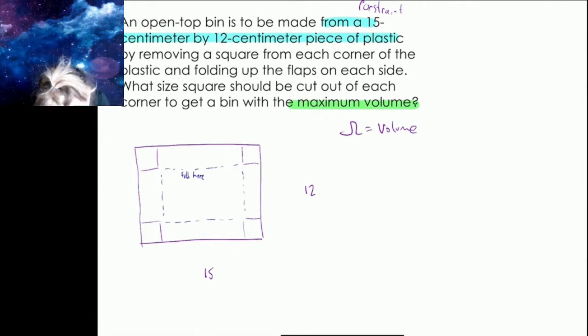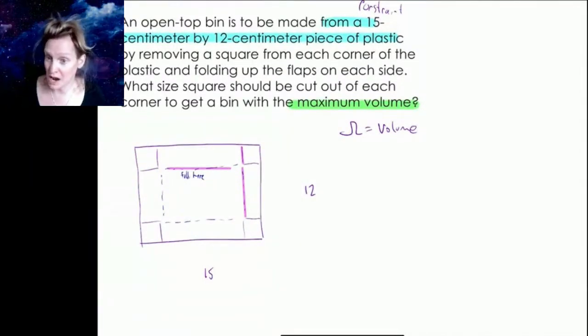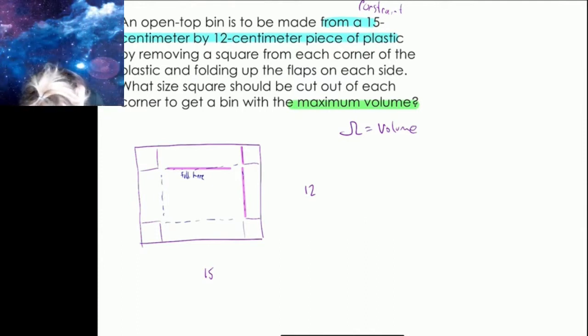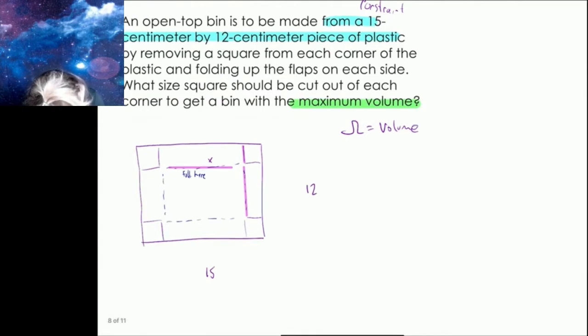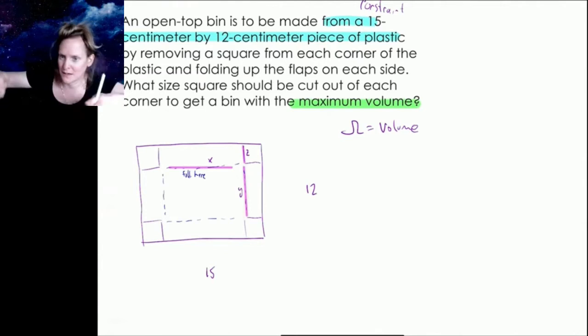The dimensions that I'm going to work with are going to be those three. The product of those three highlighted dimensions gives me the volume of my object when I fold it up. We should name them. I would very much like to name the horizontal dimension x, this other one here y, and then the one that will be vertical when I put it together is z, because that'll be like the depth of the tray that I'm making.